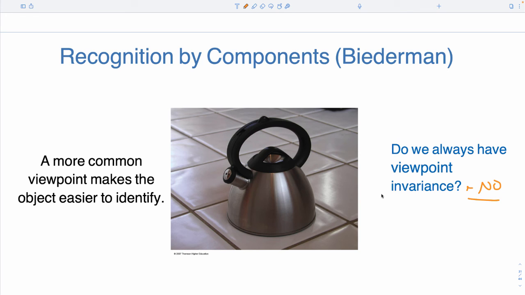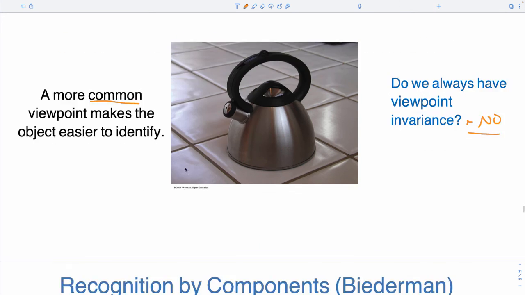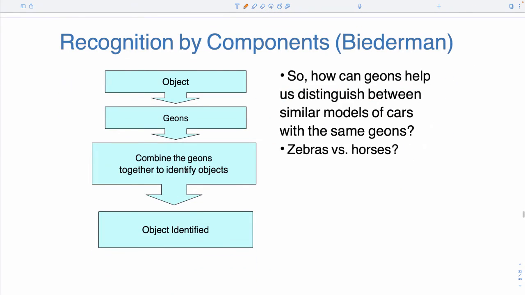It most of the time does demonstrate view invariance, but it is true that looking at something from a more common viewpoint makes the object easier to identify. So recognition by components works like this. You look at the object, you break it apart into its geons, which you are very quickly and easily able to identify. You combine the geons together to identify the objects, and ta-da, the object is identified.